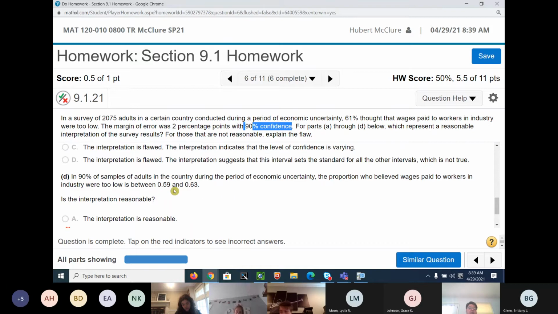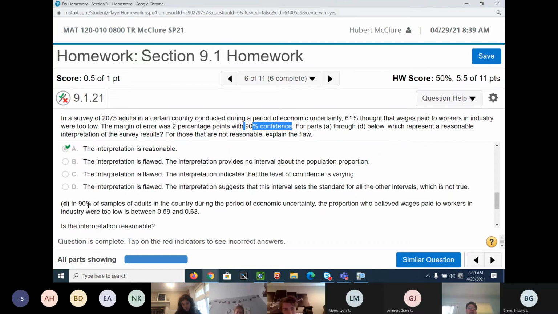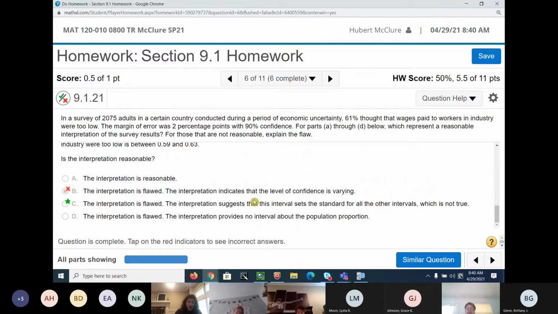Right here, in 90% of samples of adults in the country during the period of economic uncertainty, this went from a survey of 2,075 to everybody in the country. It might have been everybody in the area, the county, the city, the geographic area. That does not dictate the nation, and that's what they're saying right here.